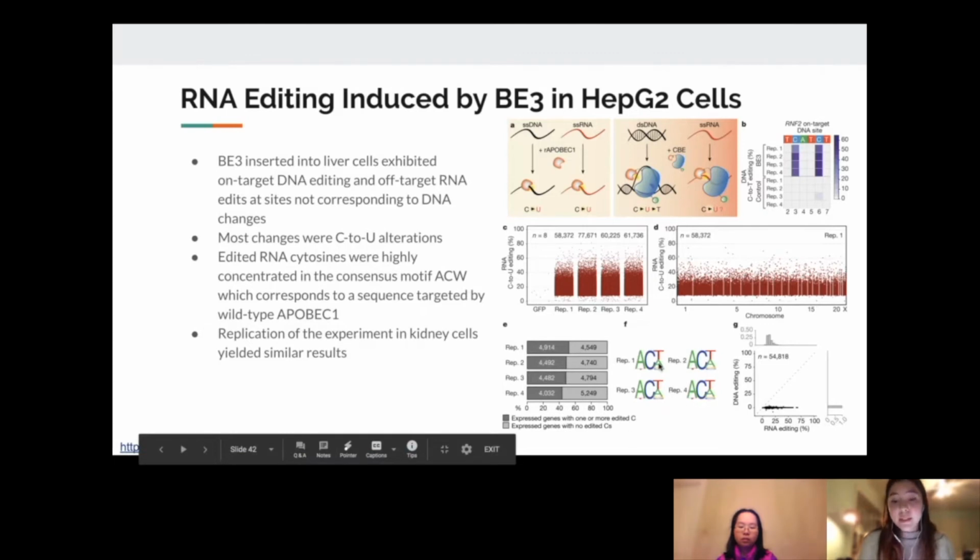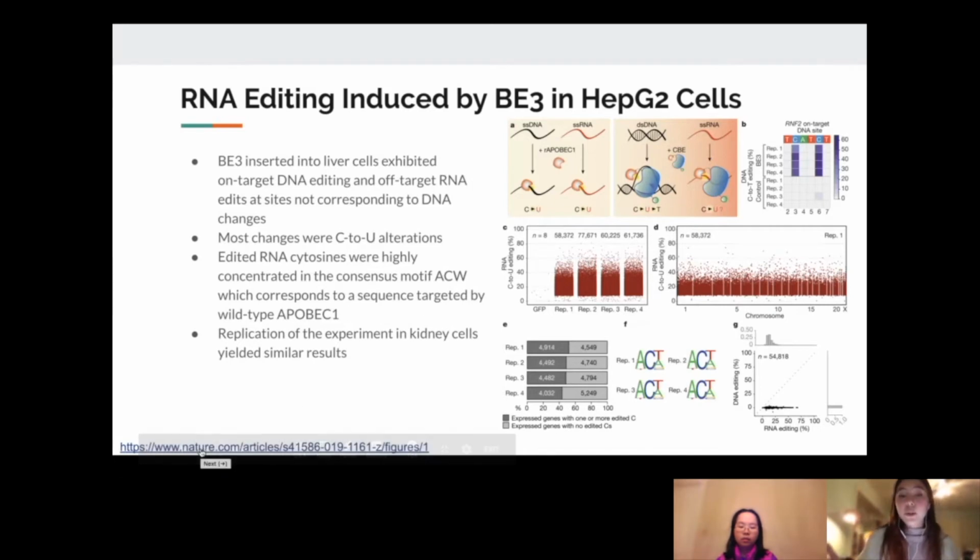So that would make sense as to why these sequences are targeted in the cytosine base editor that encodes our ApoB-C1.